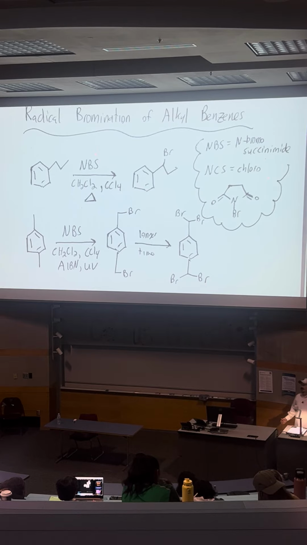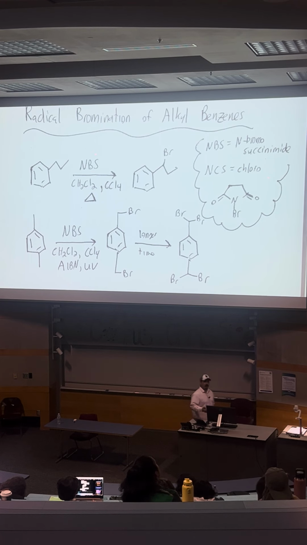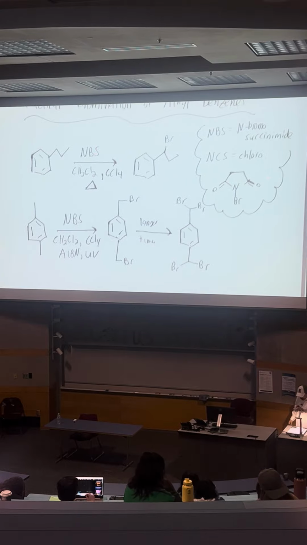And it turns out that however many hydrogens are on that benzylic position is how many halogens you can put at that position, of course, within sterics, right? At some point, 2 bromines, you probably couldn't put 3 there. It's not going to fit. That's a problem. And so I kept on getting over-bromination in my reaction.